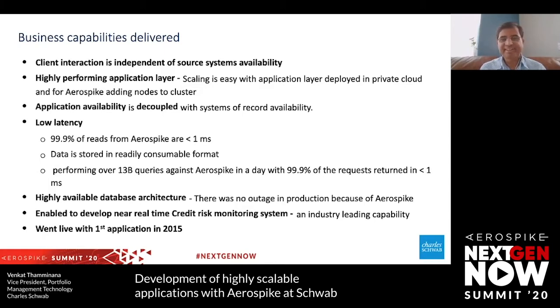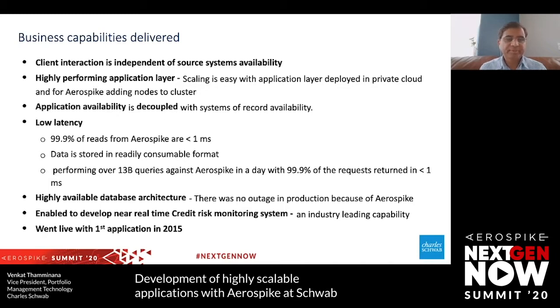And scaling, this is where the real value is. We are able to scale the application layer quite well. We deployed in private cloud, and we can add more instances, and Aerospike is the backbone of our scaling infrastructure. We can scale it easily by adding nodes. So we are very much up to speed, whatever the load on the system.